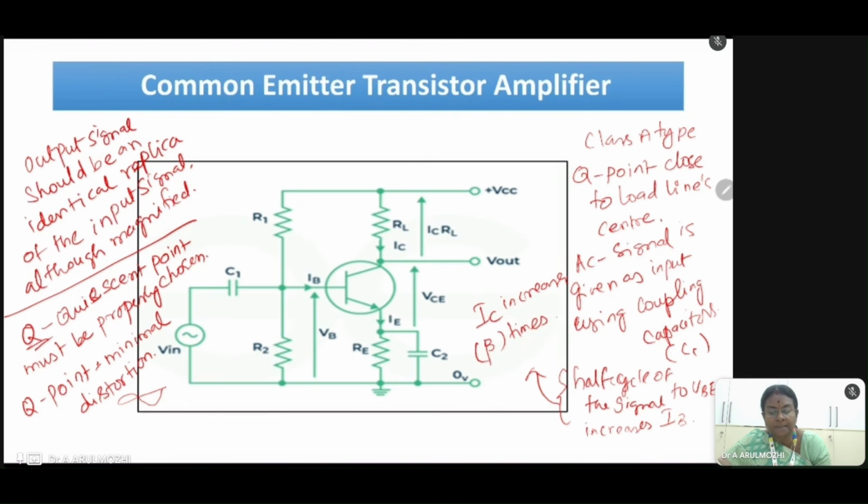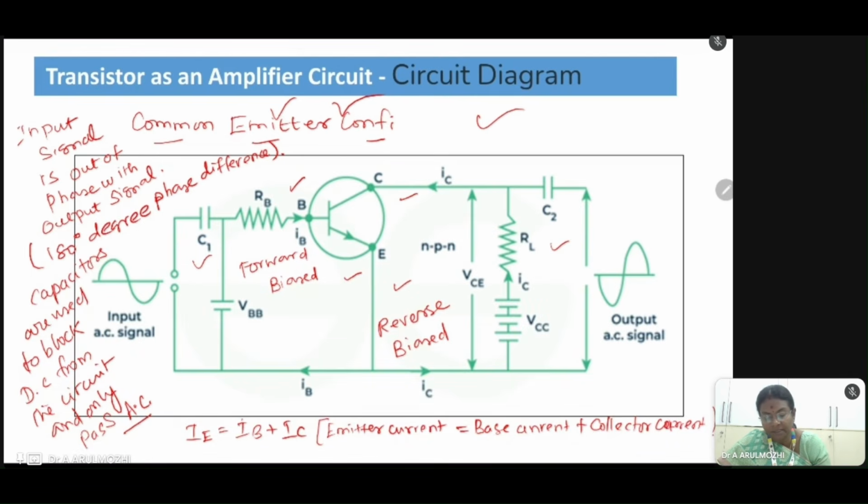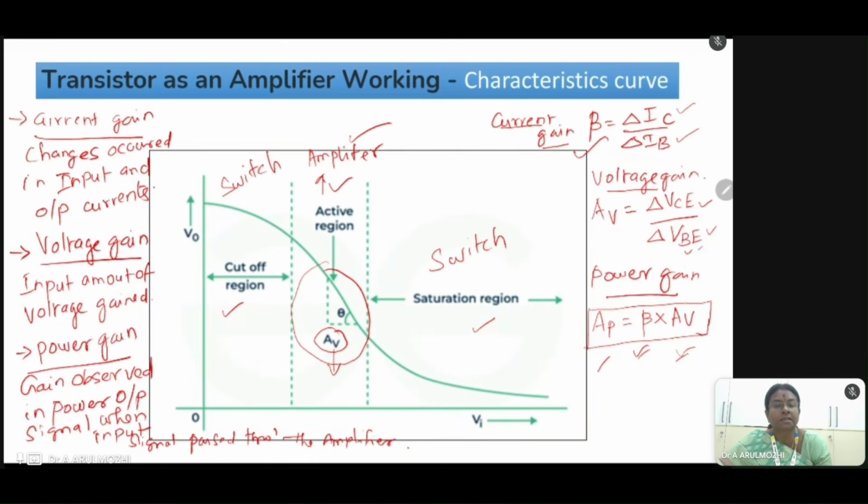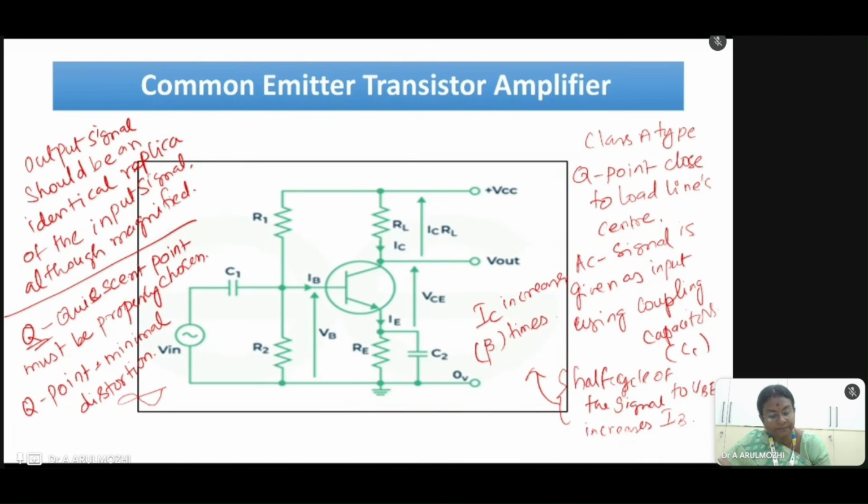What is beta? Beta, which we used in the previous slide, is nothing but the current gain. So the collector current is increased by beta times, leading to a decrease in the output voltage.